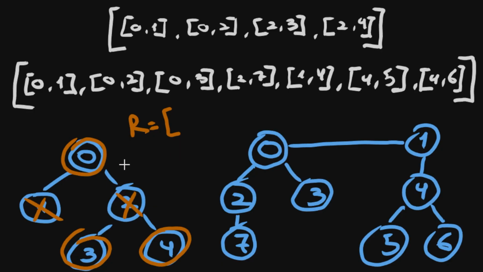But remember, we can connect this tree with this other tree. Now the question is, should we connect 0 with 0? Should we connect this 0 with this 2? Should we connect this with the 3? What's the best choice here? So let's say we connect this 0 with this 0. This means we won't take this one because here we have only one edge.